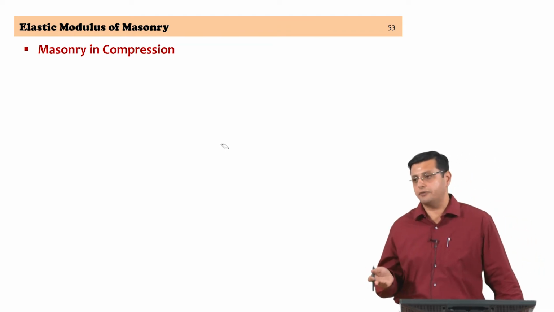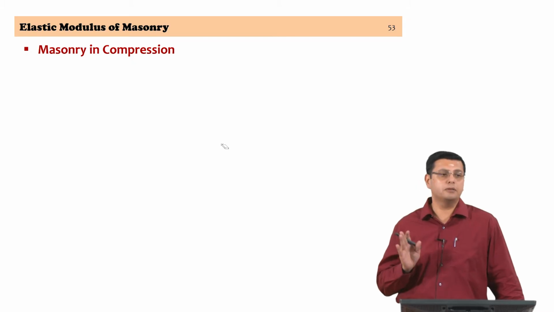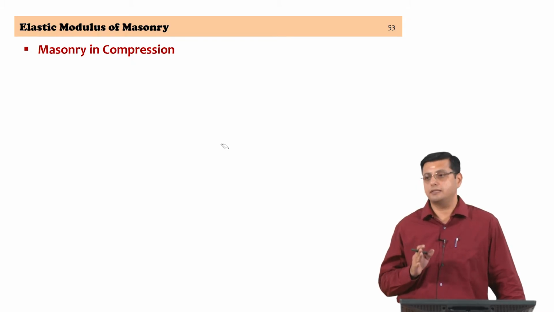So, the elastic modulus that we are referring to is the elastic modulus under compression. Many materials have elastic moduli that are same in compression and tension. Masonry is not a material where the modulus of elasticity is same in tension and compression.